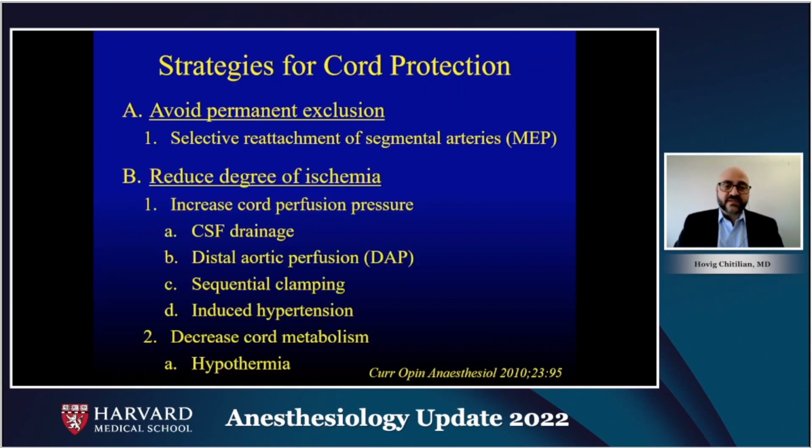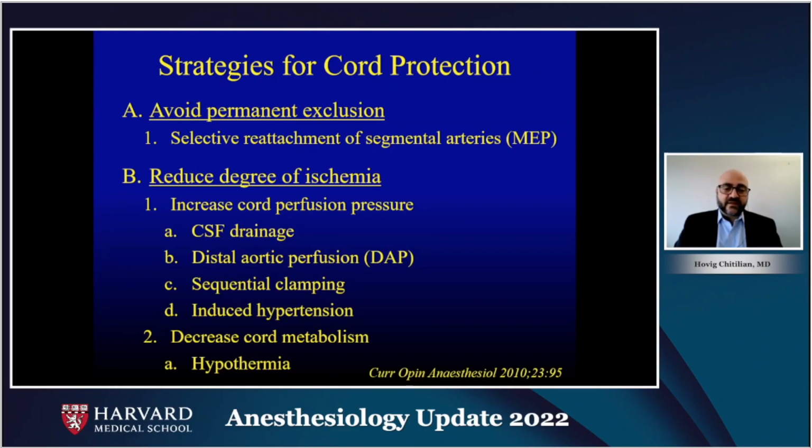The other approaches include reducing the degree of ischemia by increasing cord perfusion pressure. So cord perfusion pressure is the difference between mean arterial pressure and CSF pressure. So the difference is increased by draining CSF, by increasing perfusion through distal aortic perfusion or left atrial femoral bypass, by conducting sequential clamping to minimize the ischemic time, and then by inducing hypertension in the patient.